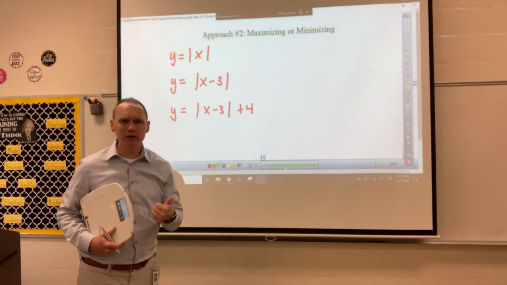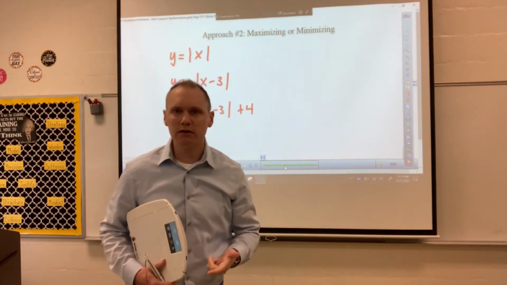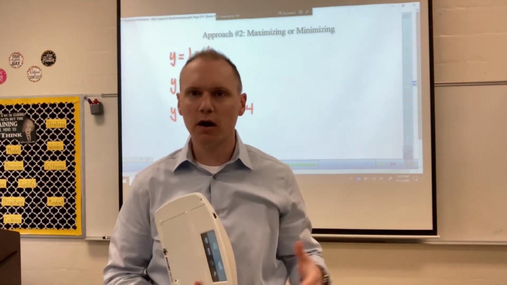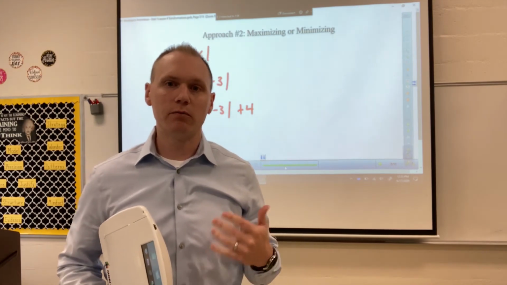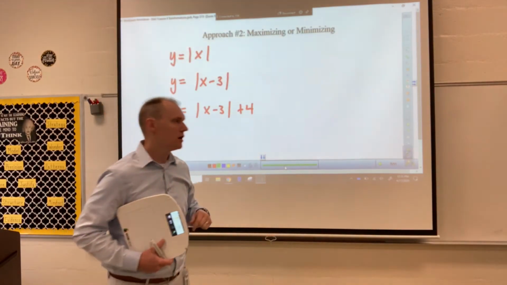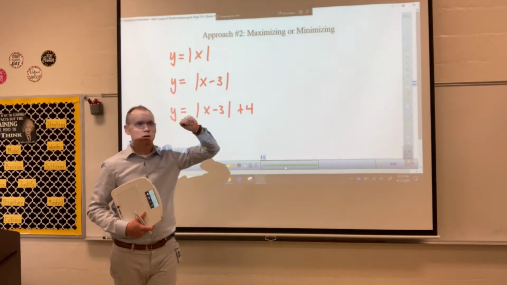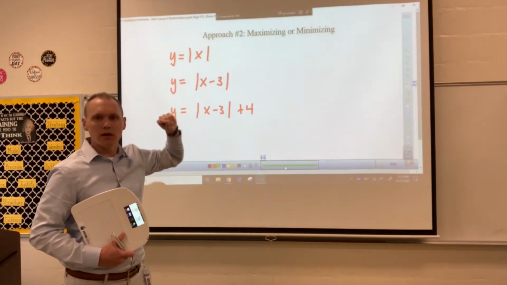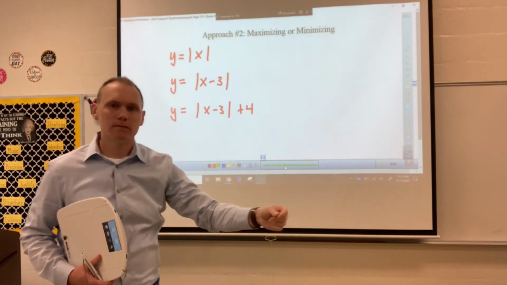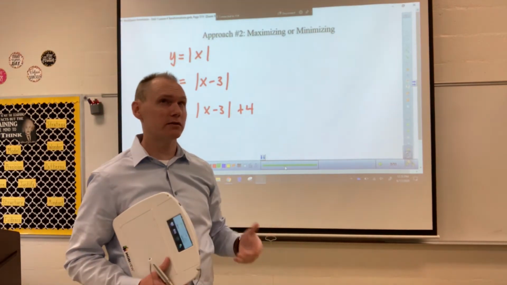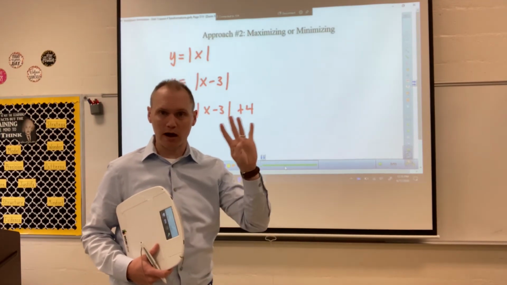So with absolute value, and later on with quadratics, you can think of this idea of transformations shifting left and right as a way of maximizing and minimizing the function. Let's take a look. So what value can I put into x in that top one here that would minimize the output? So you might try some different values. Negative 4, absolute value of that is 4. Okay, can I do any better than output of 4?